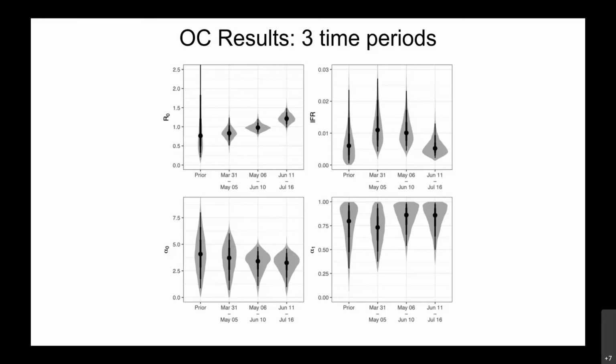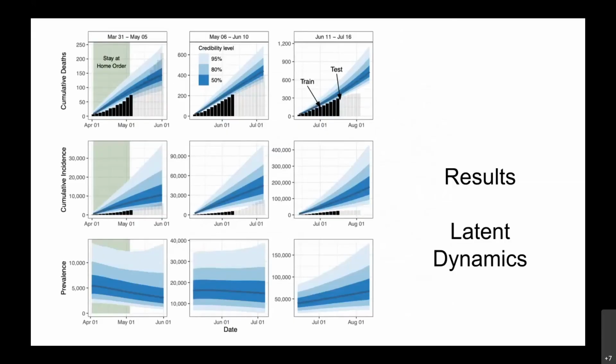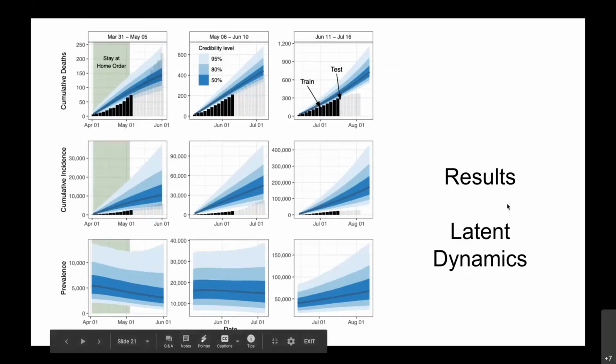The surveillance dynamics for cases were fairly stable over the course of the outbreak. Not too much changed, a little bit less preferential sampling as we went on. We're able to estimate the latent dynamics of the outbreak. And what we see here is that deaths tend to be somewhat underreported.